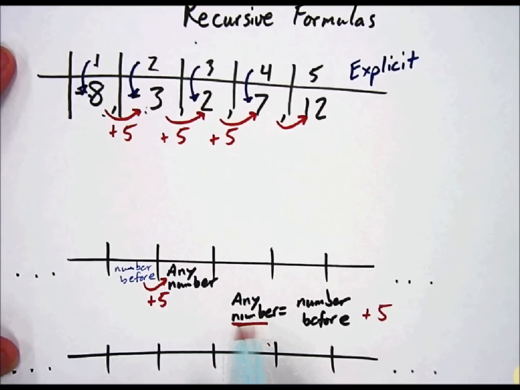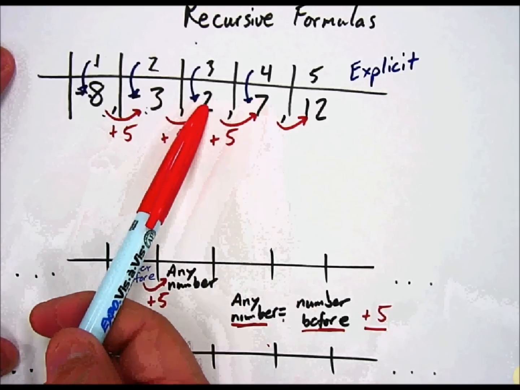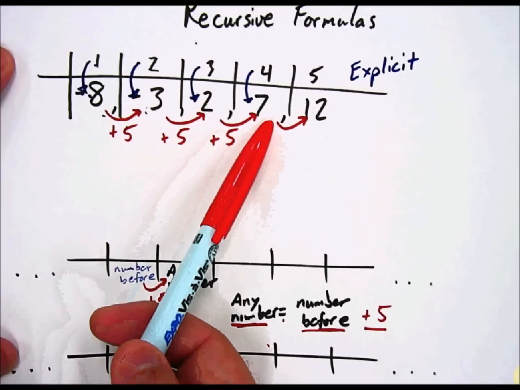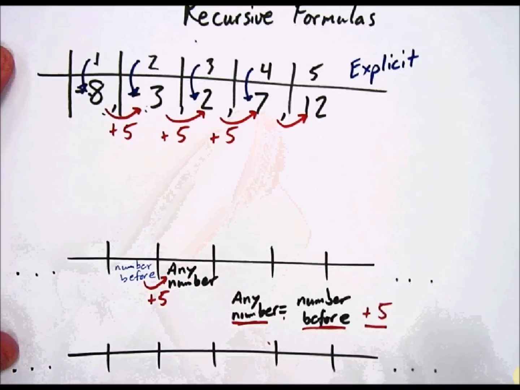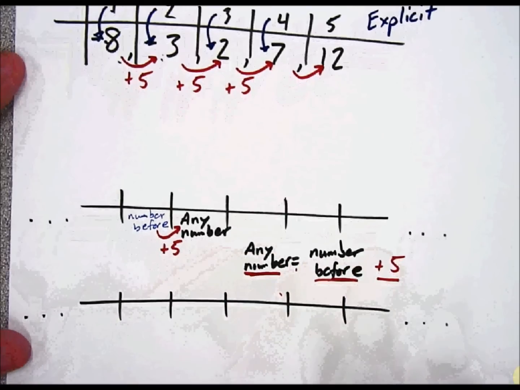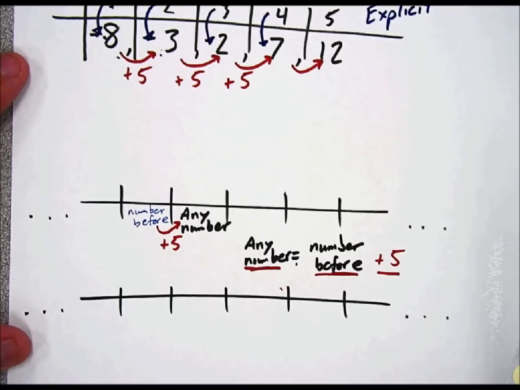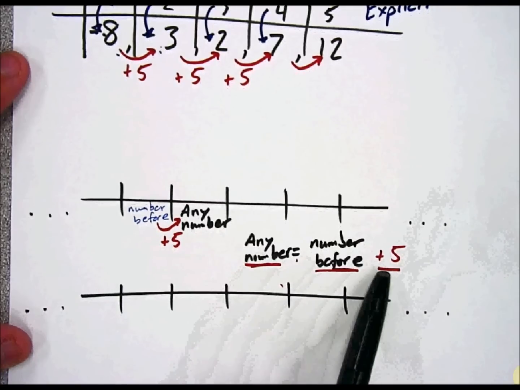So any number is equal to the number before it plus 5. And that makes sense. It's just describing what's happening. How do I get to 7? I take the number before it and I add 5, and it gives me the number I wanted. Okay, but in math, we're not going to use words like this. We're going to try to be a little more efficient. And so we're going to use function notation to say the same thing.